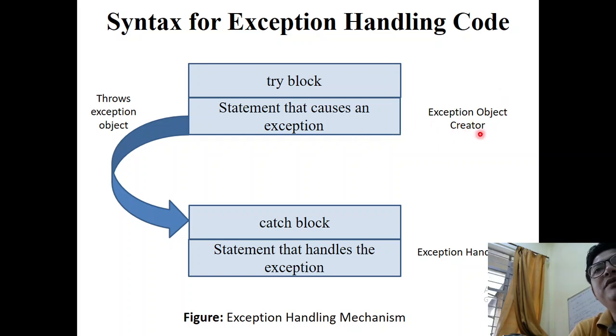With the help of the exception object creator, the exception will be created that highlights what kind of exception it has encountered, and that will be thrown and caught in the catch block, and the catch block will handle this kind of exception by displaying the proper message to the user.